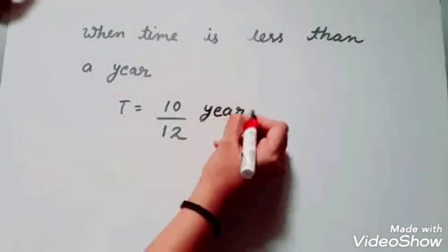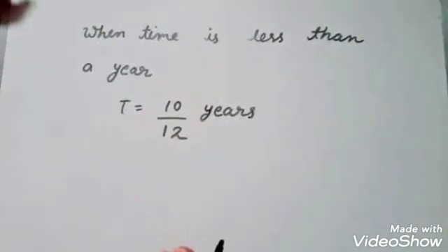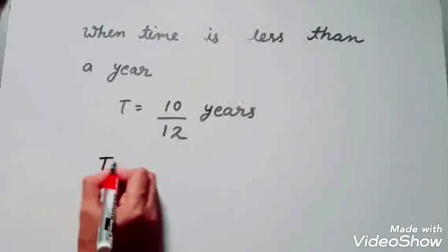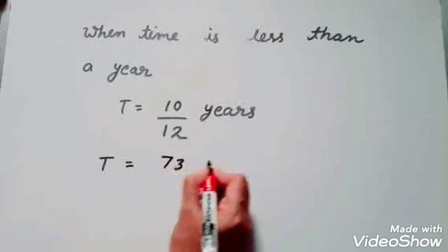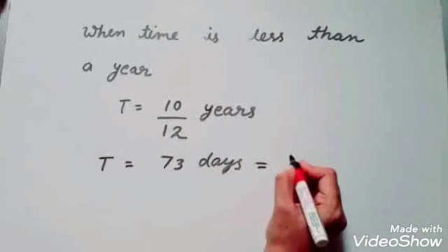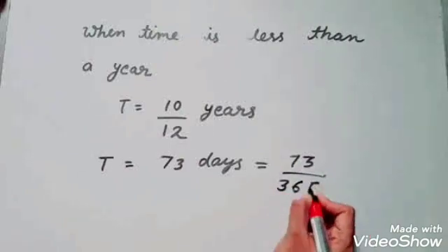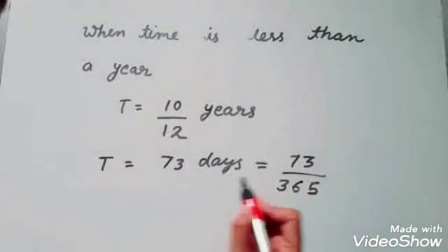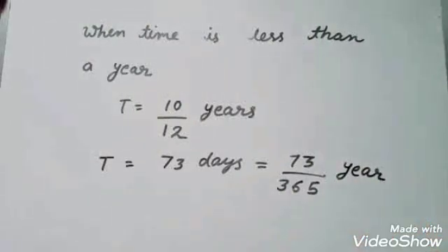So these 10 months are converted into years. Same for days. When you have time in days, suppose you have 73 days, how to convert it into years? Divide it by 365. Now these days are converted into years.